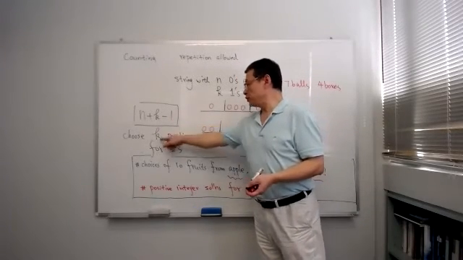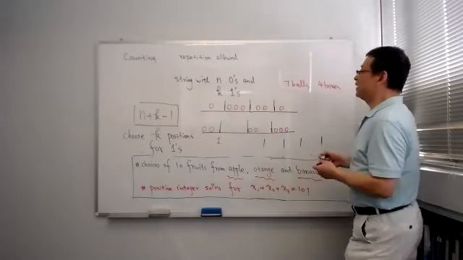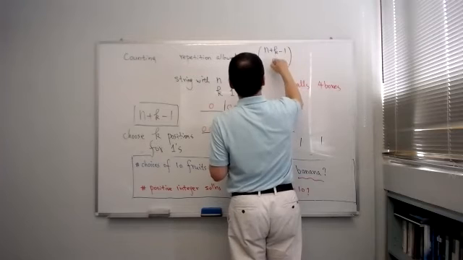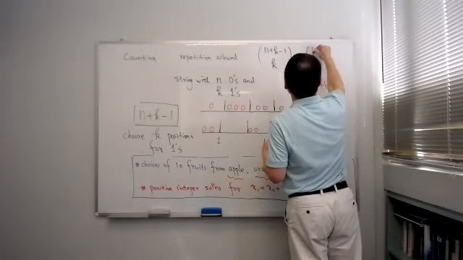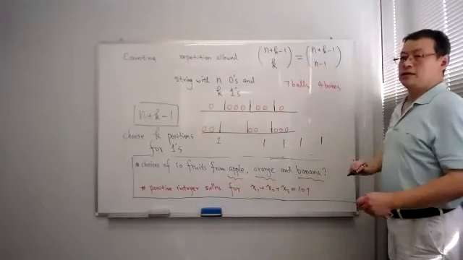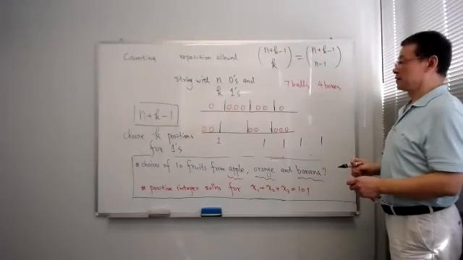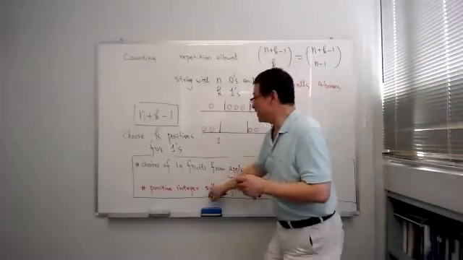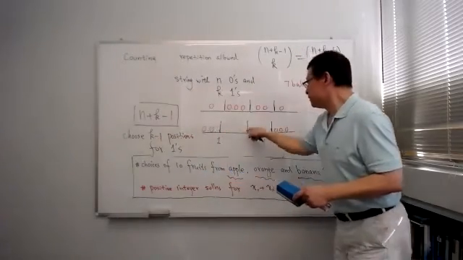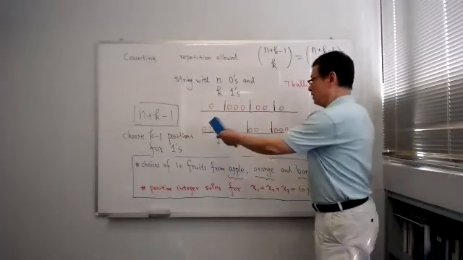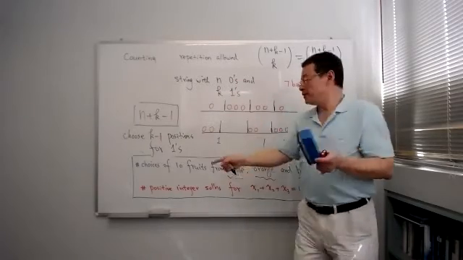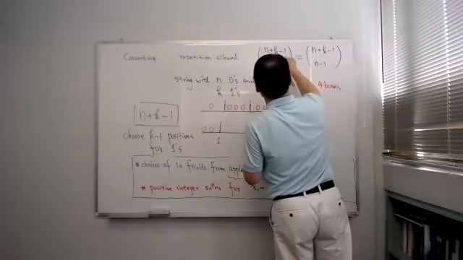That gives us n plus k minus 1 choose k. Sorry, it's k minus 1 positions, not k. The number of bars needed to separate the k boxes is k minus 1.